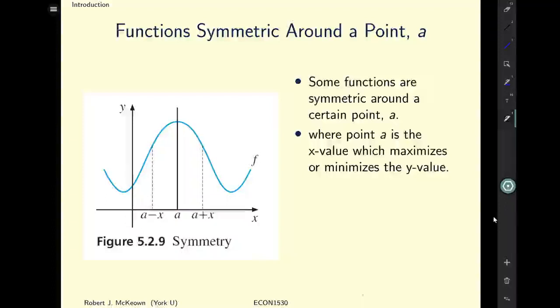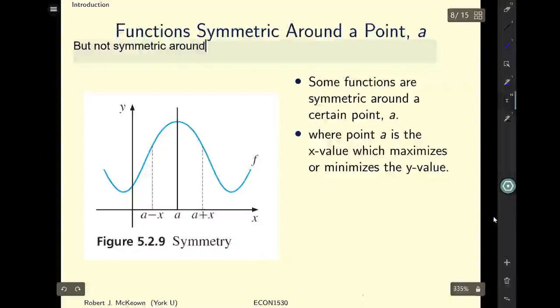Now, what if we have a symmetric function, but it's not symmetric around the y-axis?